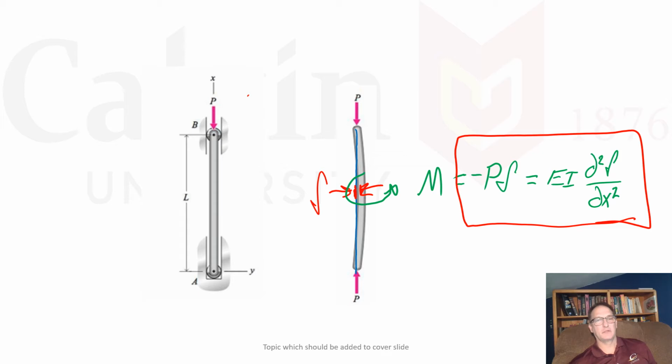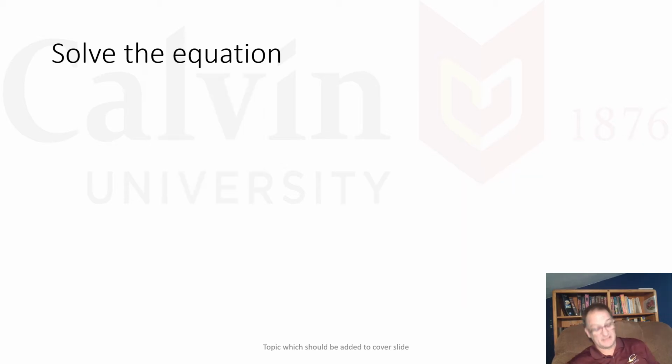So let's move on, we'll attack that. How do I attack that? Well, first thing, let's write down the equation again since it's on the other page. But I'm going to write it a little bit different.